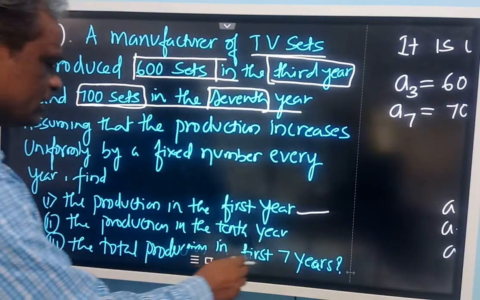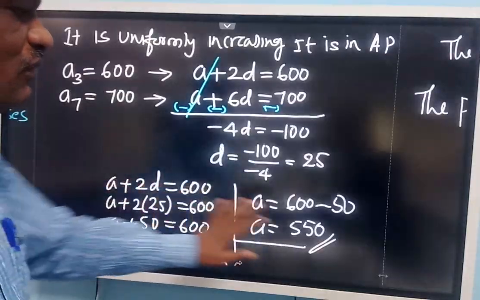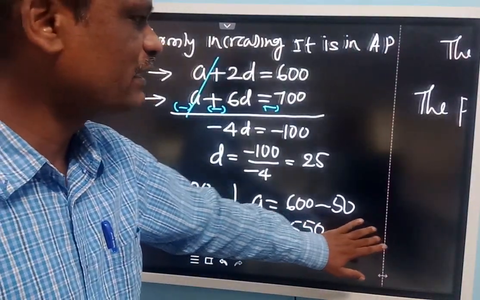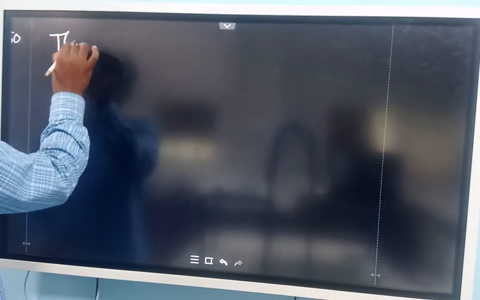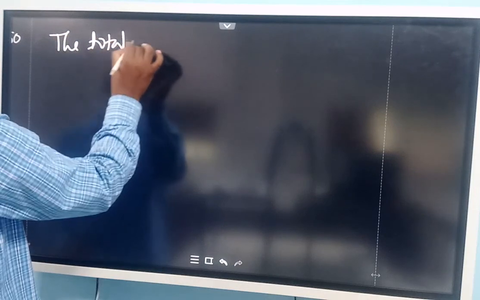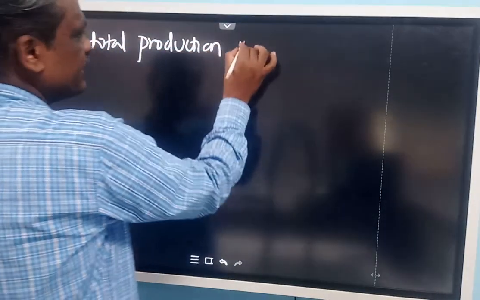Then the total production in the 7 years means the sum of all the terms from 1 to 7.